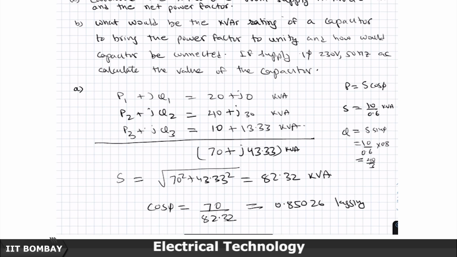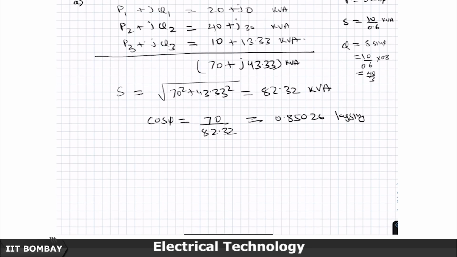Now, let us come to the B part. What should be the kVAR rating of the capacitor to bring the power factor to unity? So, it should completely cancel this reactive power component 43.33 kVAR, and so the QC rating should be 43.33 kVAR.